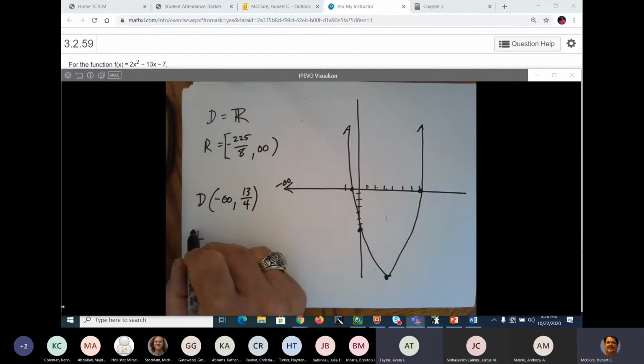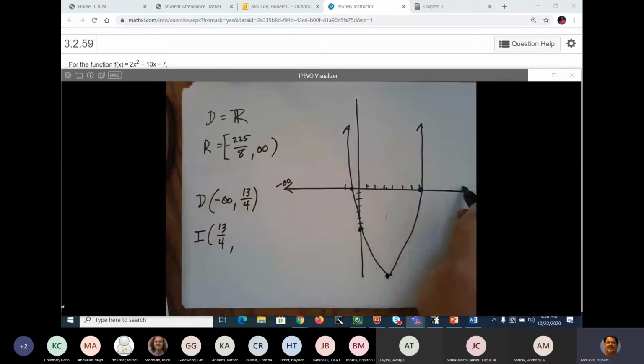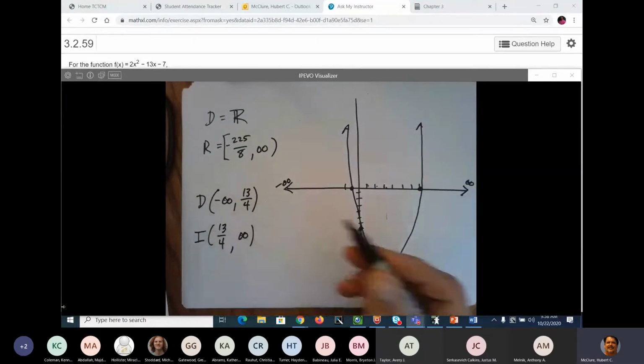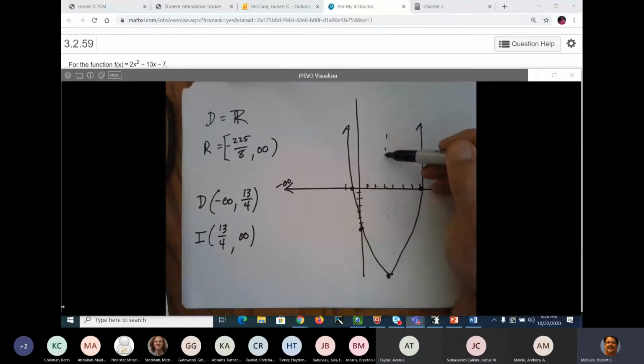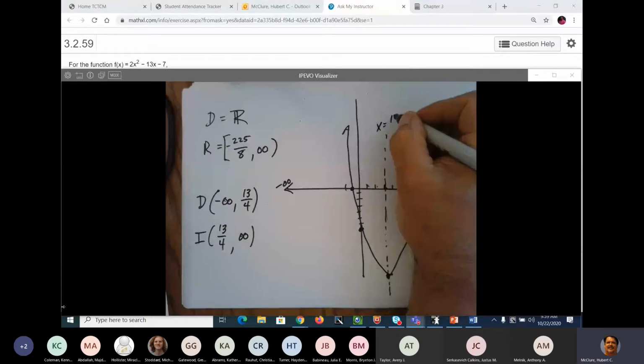And increasing from 13 fourths to infinity. Line of symmetry is going through 13 fourths. X is equal to 13 fourths.